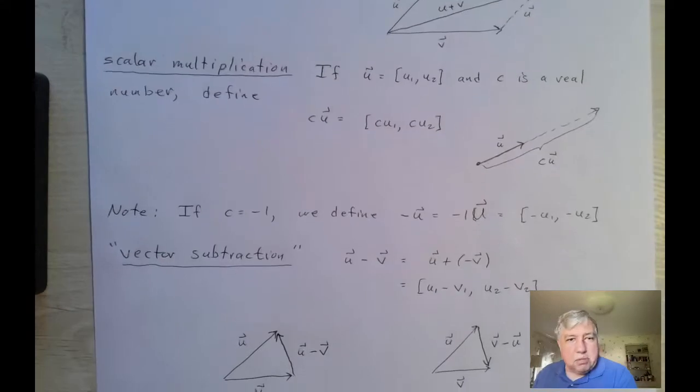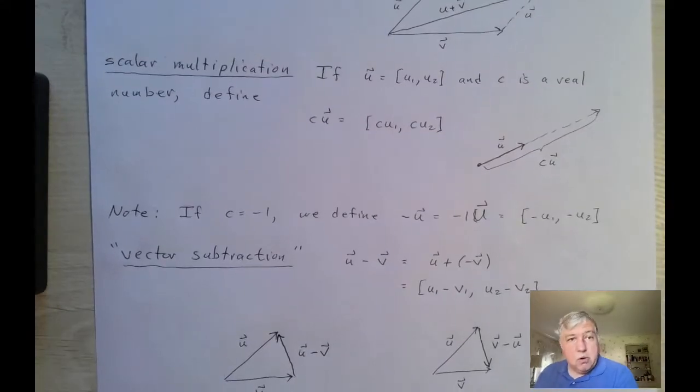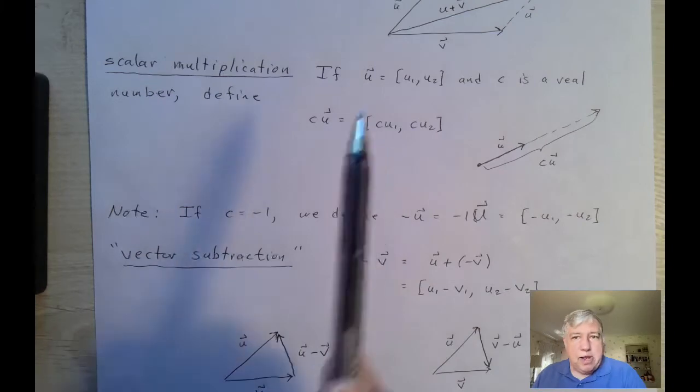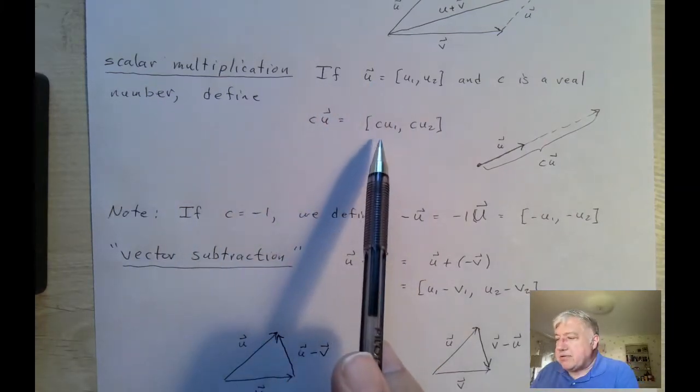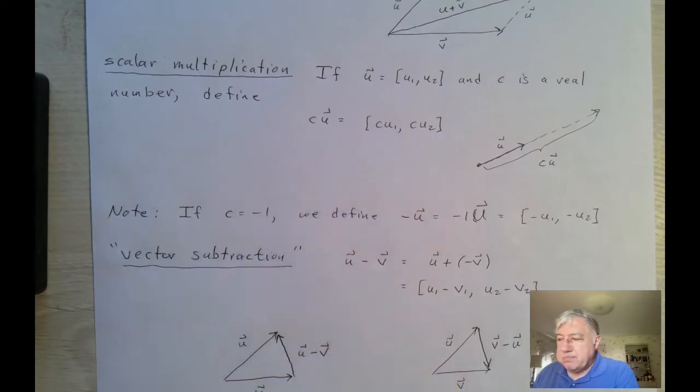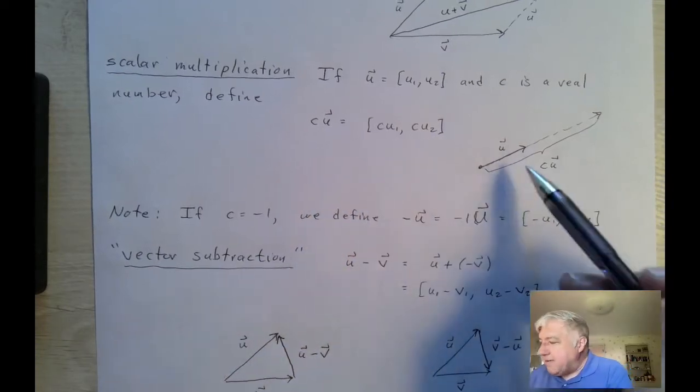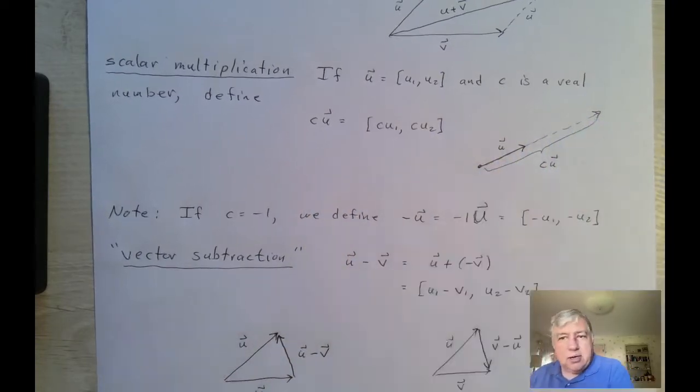For scalar multiplication, we need a vector and a real number. A scalar in this class is always going to be a real number. If c is a real number and u is a vector, we define cu as the vector obtained by multiplying all the components by c. That has the effect of stretching or compressing a vector if c is positive. If c is negative, it also involves reversing the direction.